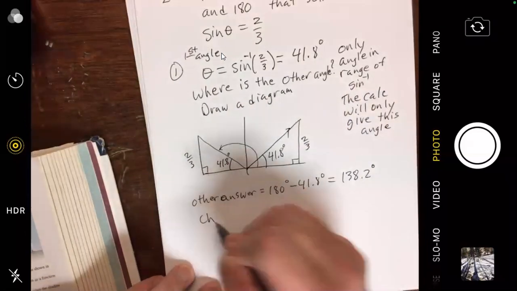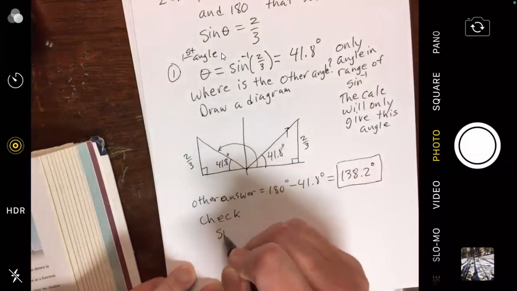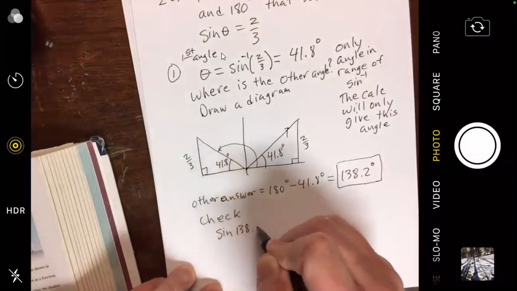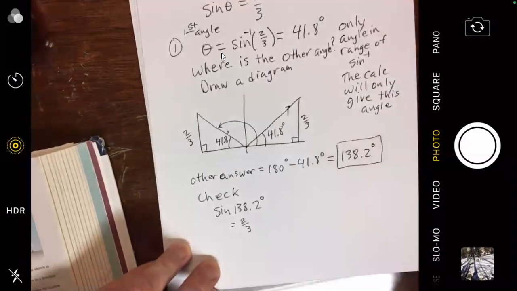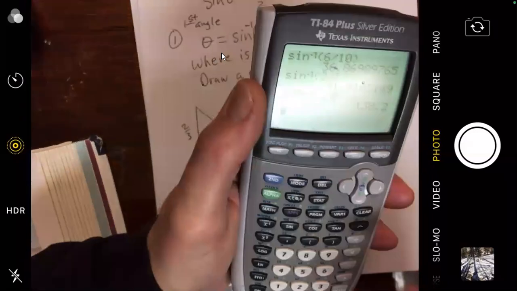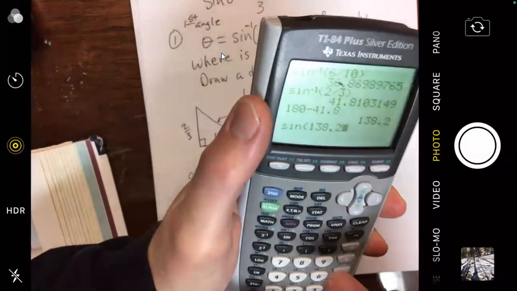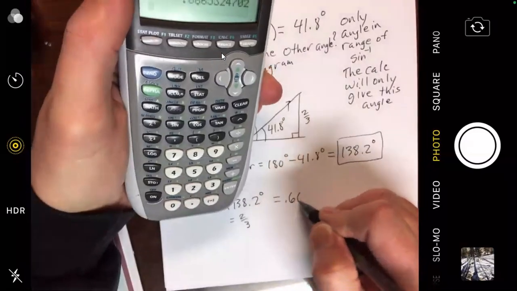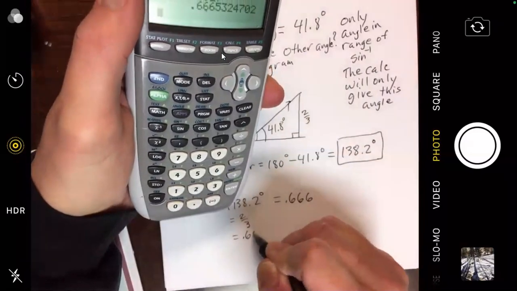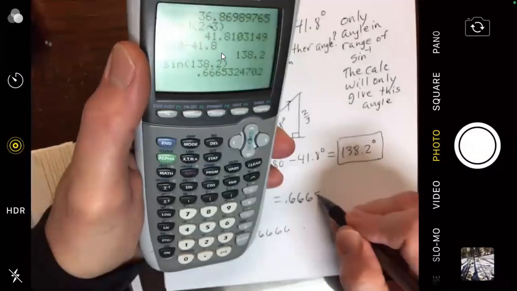You can do a check. Sine of 138.2 degrees had better equal 2/3, or the decimal for 2/3. It'll be close, there'll be some round off. Sine of 138.2 is 0.666666 repeating, and I'm getting 0.666532 or so.